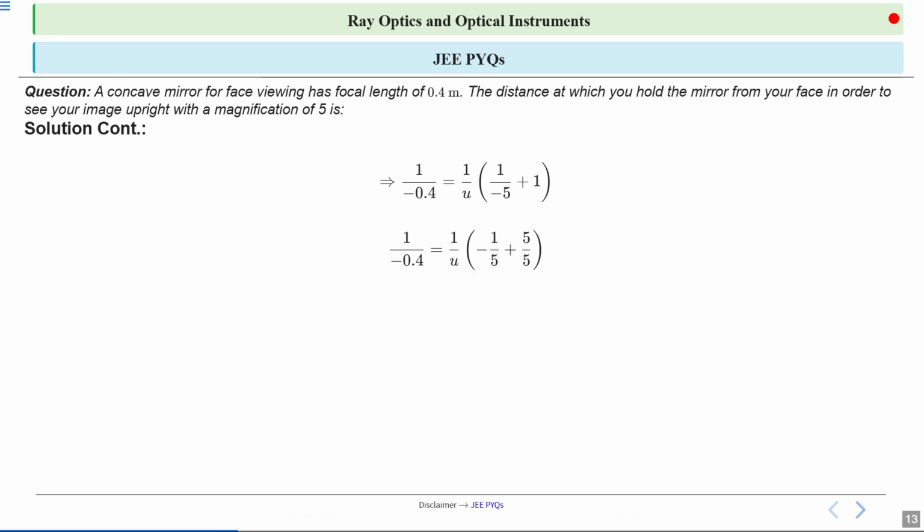After taking LCM, we have reached this step: minus 1 upon 5 plus 5 upon 5. We can write 1 equal to 5 upon 5 taking LCM. Now solving further, minus 1 upon 5 plus 5 upon 5 will become 4 upon 5. So 1 upon u multiplied by 4 upon 5.